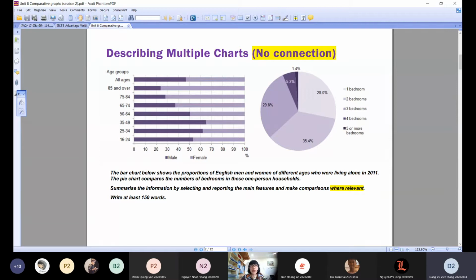So can you, all the class, can you please take a look at the two charts again and tell me, oh, somebody has started recording, that's fine. So can you please take a look at each chart and tell me the most significant feature of each of the chart?